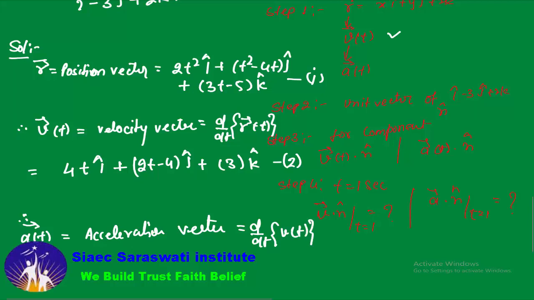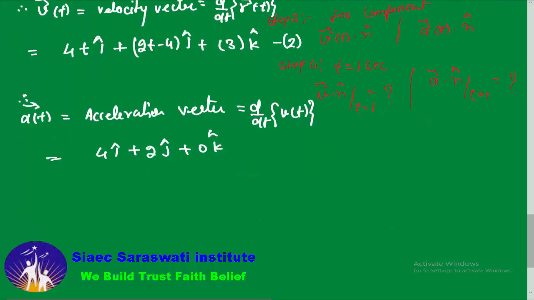Okay, so that will be 4 i plus 2 j, and that will be 0 times of k. Okay, so now we got basically the vector a, that is the acceleration vector. Okay, so this is equation number 3.